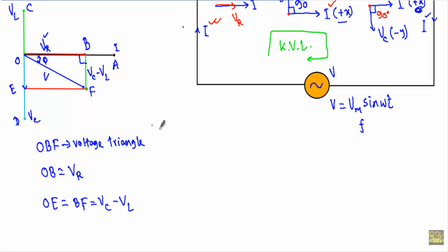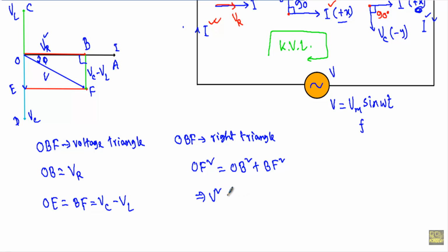Now see, in the triangle OBF, as this is a right triangle, I will apply Pythagoras. OF square is equal to OB square plus BF square. Here OF will be V and this OB will be VR.